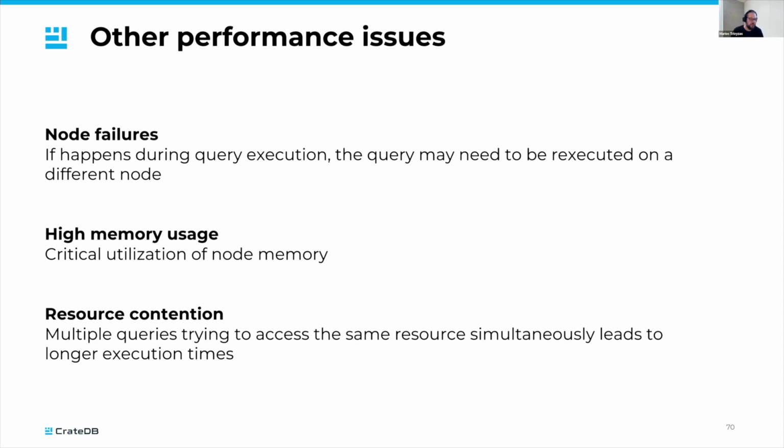Another performance issue is that, as explained, node failures and using the replica shards to perform a query is done transparently. But if there are node failures, you may experience queries that last for a long time, because queries, as I've said, Lucene queries at that level, those collect operators and any other operators might have to be re-executed on a replica shard or on a newly promoted primary shard.